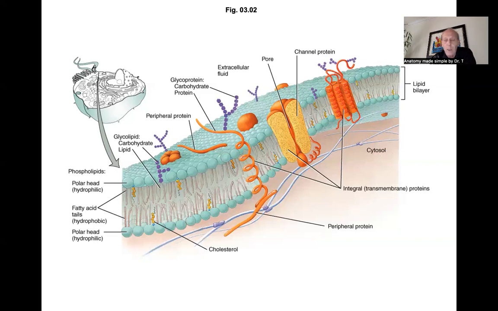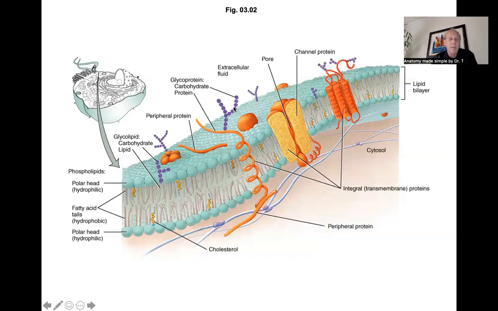There are additional molecules that appear to be attached to either the outside or inside aspect of the cellular membrane. They are either glycolipid molecules, of course, glyco means containing sugar, with a lipid attached to it, or glycoprotein molecules where the protein would have the addition of some carbohydrate part.